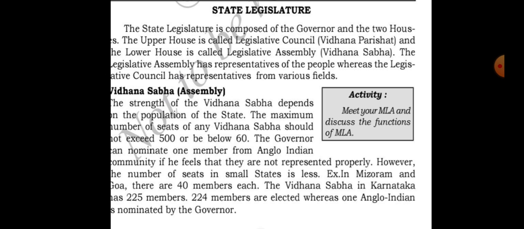Of these 225 members, 224 are elected directly from the people of Karnataka, whereas one Anglo-Indian community member is nominated. Nominated means he is chosen, not through election. He is nominated or selected by the governor.